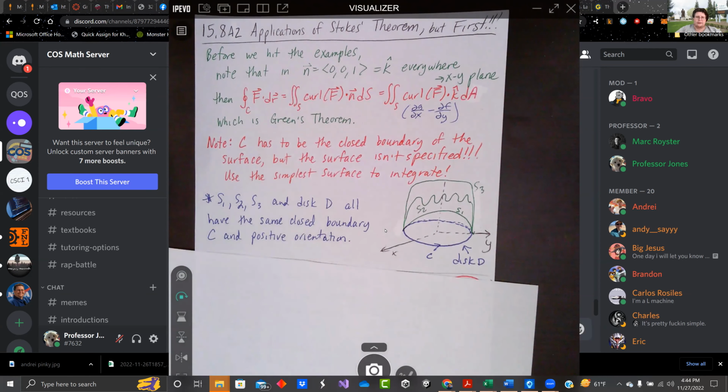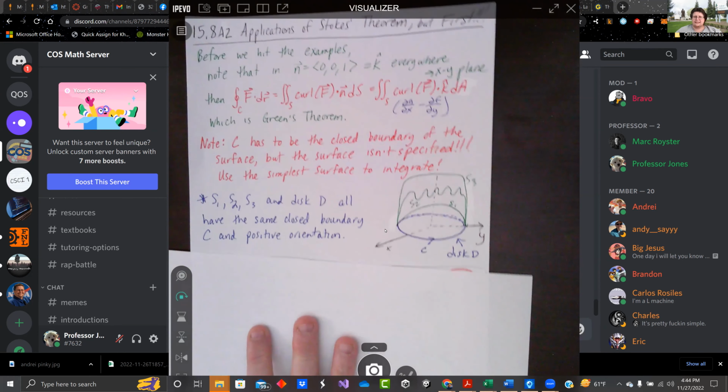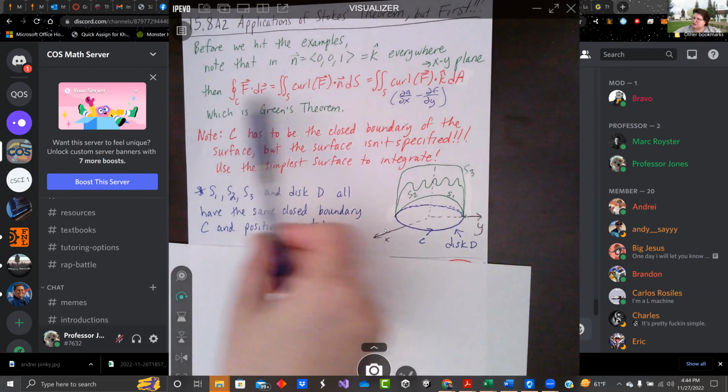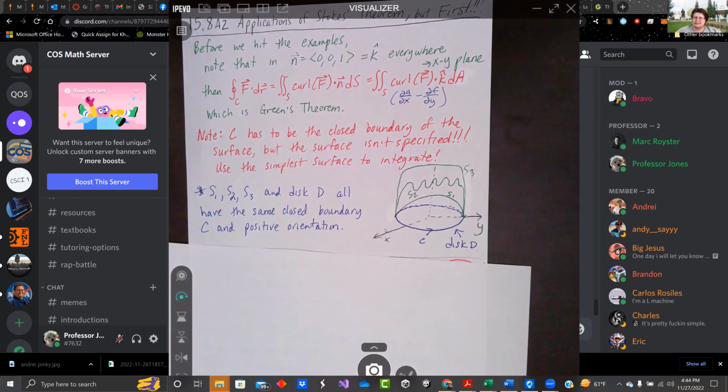Something that's worth noting, C does have to be the closed boundary about the surface, but the surface hasn't been specified. So if we're going from the line integral up to the surface, as long as the surface has the boundary of the curve, we can use any surface. So use the simplest one to integrate.